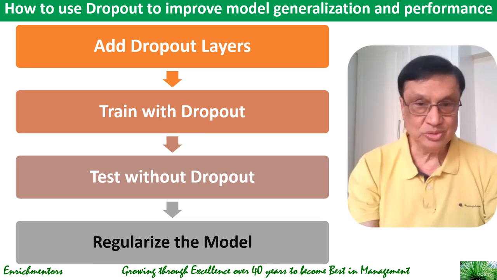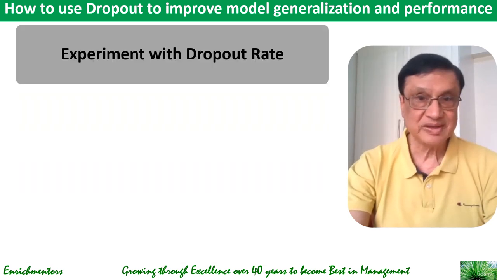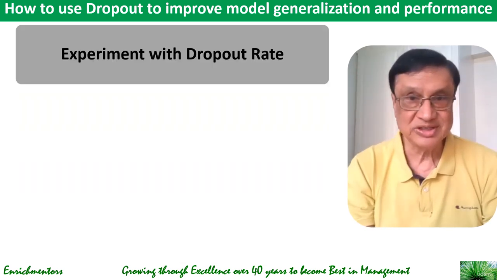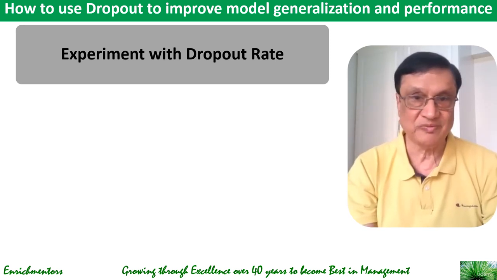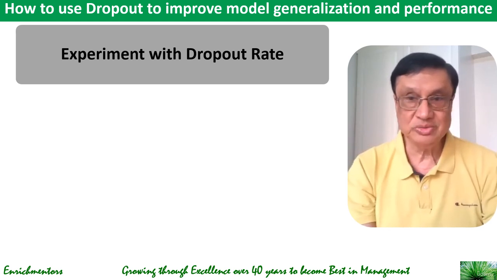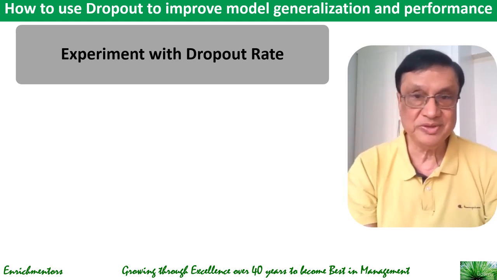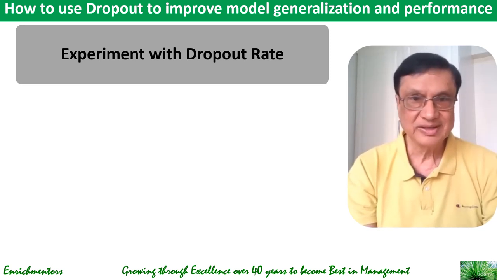And then you experiment with dropout rates, with different dropout rates, to find the optimal balance between regularization and model performance. Start with a moderate dropout rate of 0.2 and adjust it based on the performance on the validation set or through cross validation.